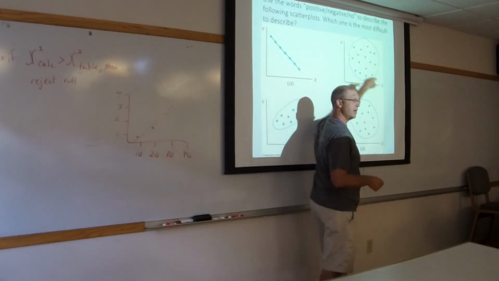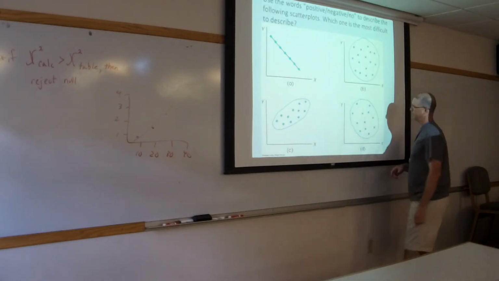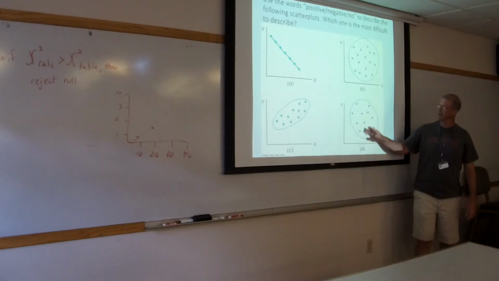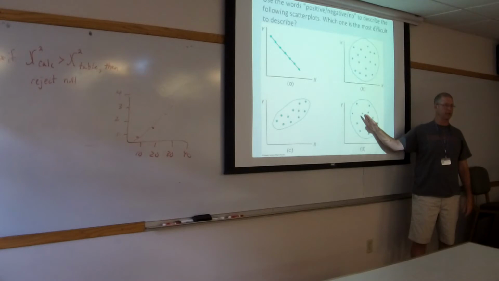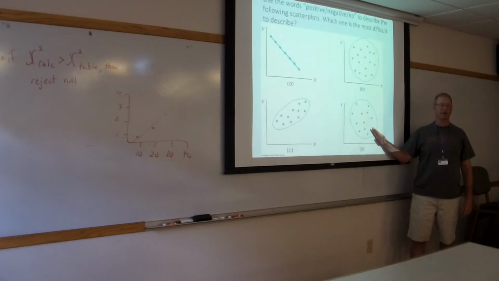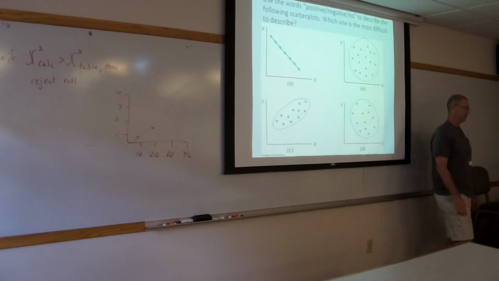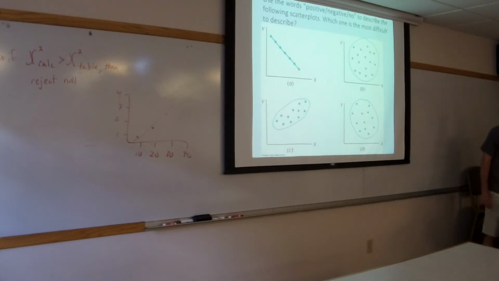These two are harder to tell. Because of the way they circle this, I think this is a negative correlation, but it's pretty weak. Like the line goes there, but the dots are not close to the line. And this is just probably no correlation at all. It's just a scatter plot, random.